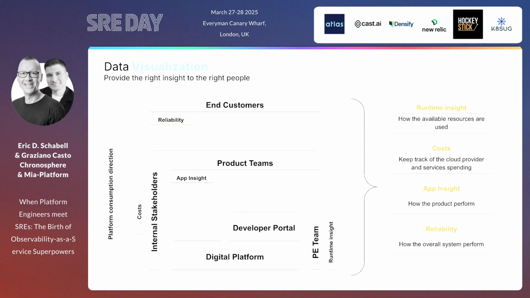Then you have the product teams. They are interested not so much in CPU usage, but more in insight on the performance of what they are building. And then, of course, the end customers, who are interested in the reliability of the system. The point here is that you have to build your flows and your dashboards in a way that is actionable and easy to discover for the user, thinking about their needs.